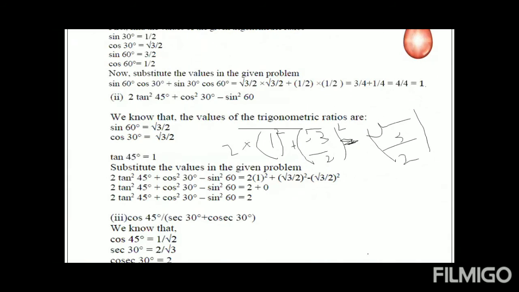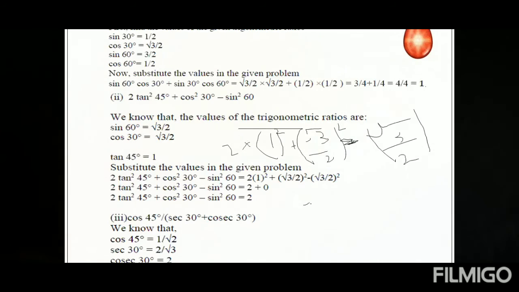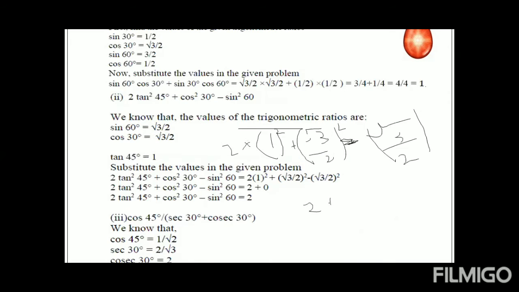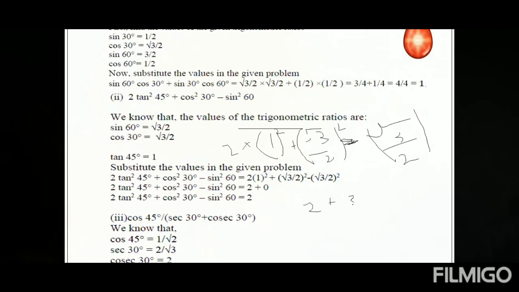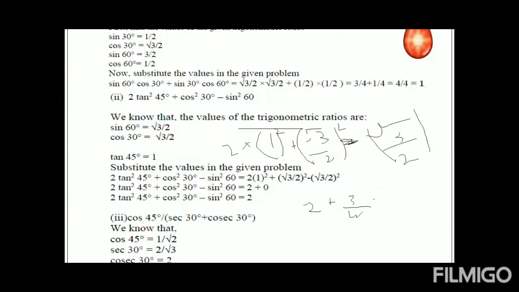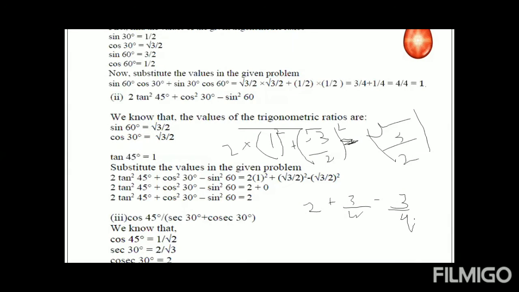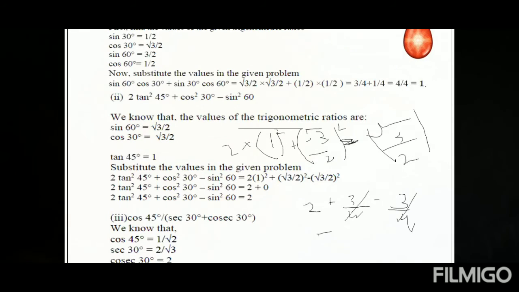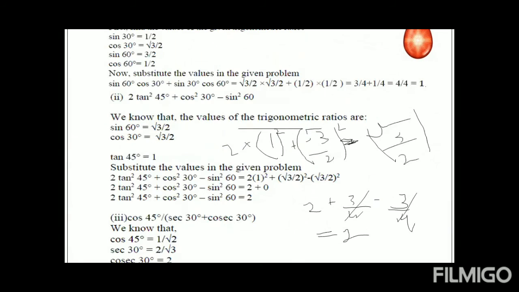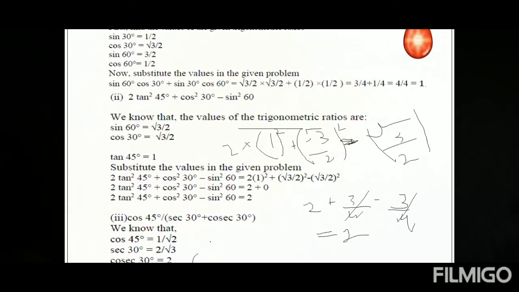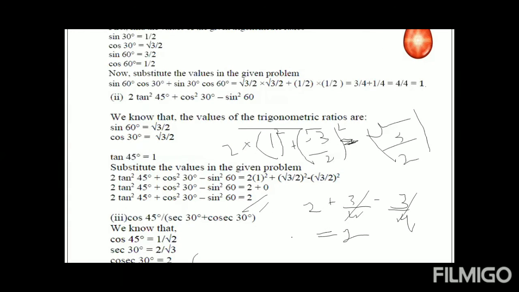So the answer we get is 2 plus 3 by 4 minus 3 by 4, and these two will get cancelled and the answer is 2. Answer is 2.